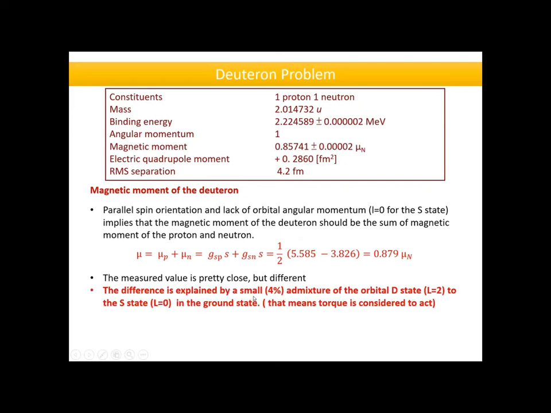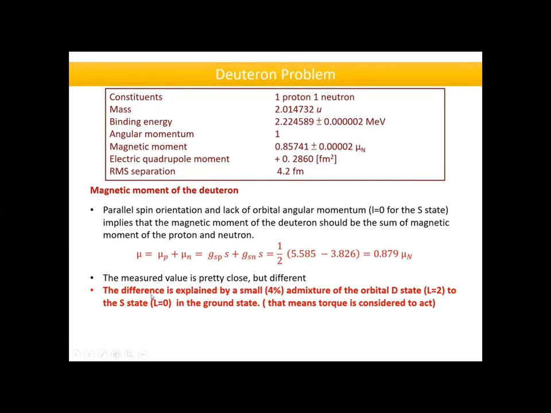This difference is then explained experimentally because of the admixture of L values. It was observed that 4% of its time deuteron is in orbital D state and 96% of its time deuteron is in S state.